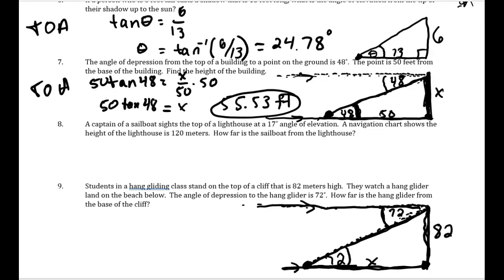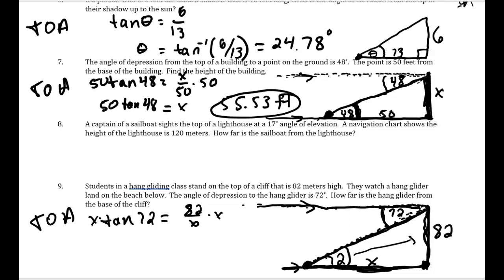From this angle here, we know again the opposite side, we know the adjacent side. So yet again, it's another tangent, opposite over adjacent. So tangent of the angle that we know, which is 72 degrees, is the opposite side of 82 over the adjacent side of x. At this point, we should be pretty good with solving these.